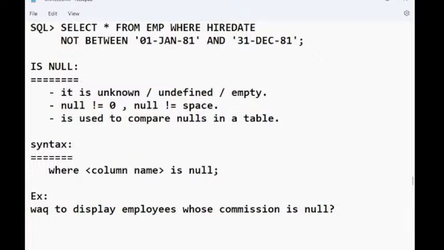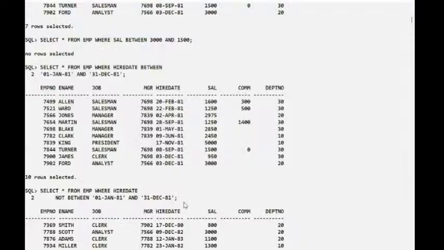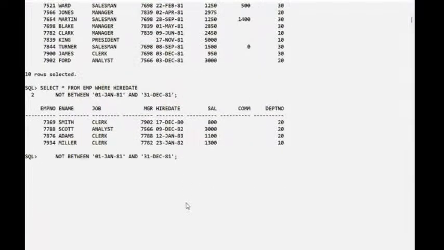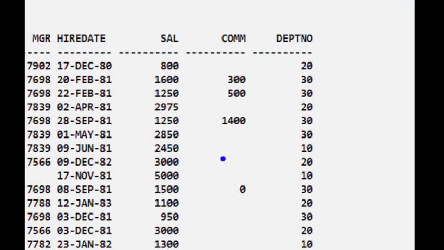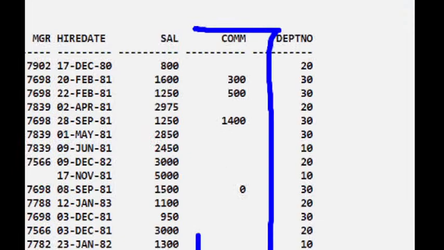Let me come out and first see the table. Observe carefully, the commission column you can see.